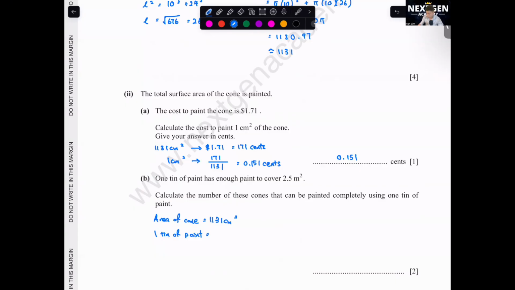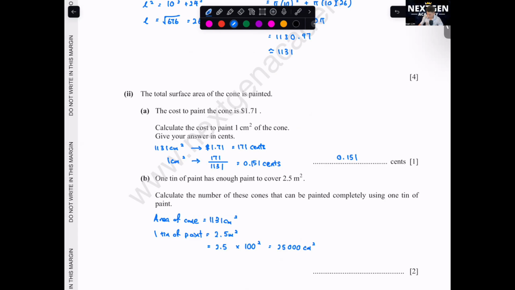So let us change this 2.5 meter square into cm square. Okay, so meter to cm will be multiplied by 100, then you square it. So here becomes 25,000 cm square.